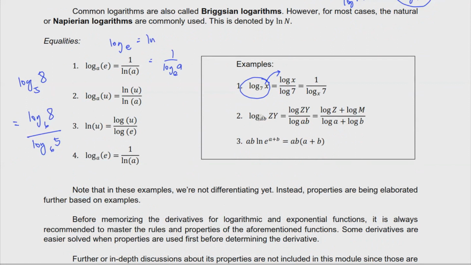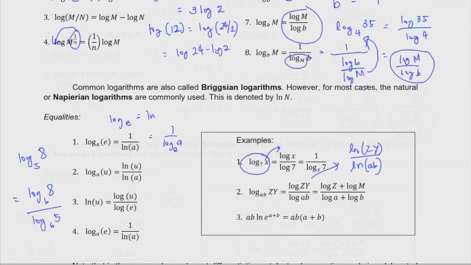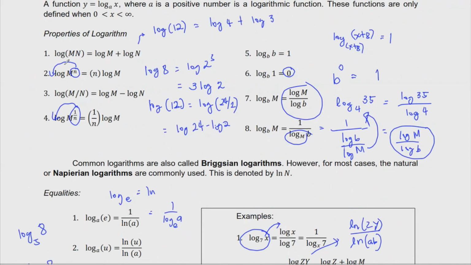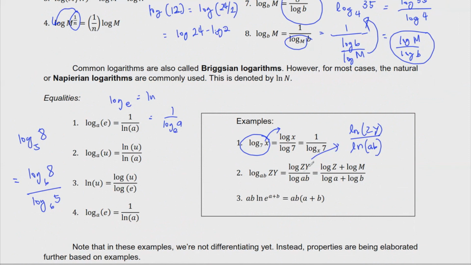Now if we have this number 2, how do we express this log of zy of base ab? You just apply rule number 7. Remember, this can also be expressed in terms of ln of zy over ln of ab. It's just the same thing. And of course this is zy, so based on our property number one, this is a product inside that logarithm expression.